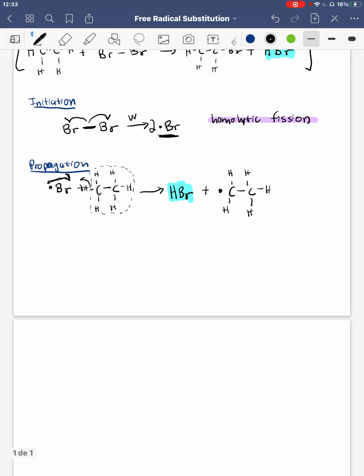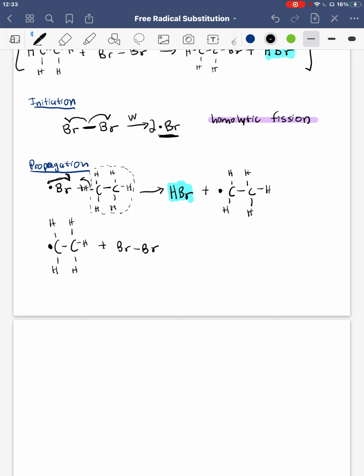You can say either. All right, now this free radical is super reactive, so it's immediately going to want to do some kind of reaction. So this free radical here is going to react. Let's draw this out. This free radical is going to react with more bromine.